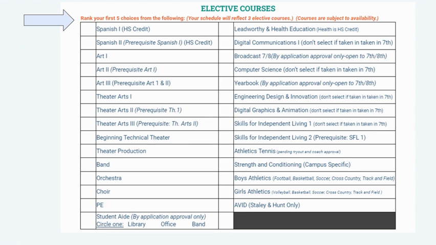So choice 1, 2, and 3 are the classes you want the most, and choice 4 or 5 are the classes that you'd be okay with taking if 1, 2, or 3 didn't work out. There are several classes in 8th grade that require an application or an audition, and more information will be given about that later in the presentation.